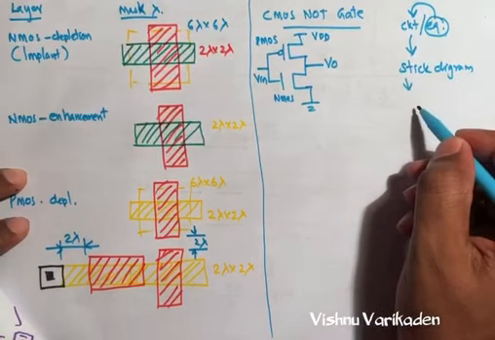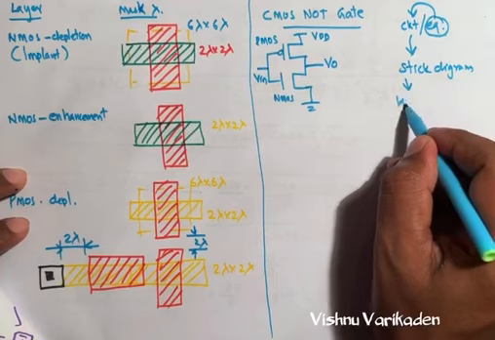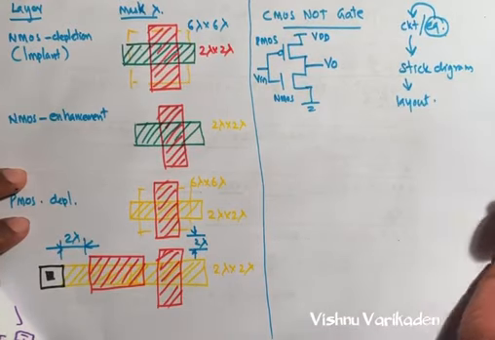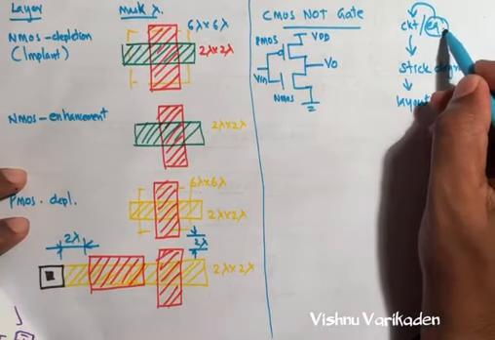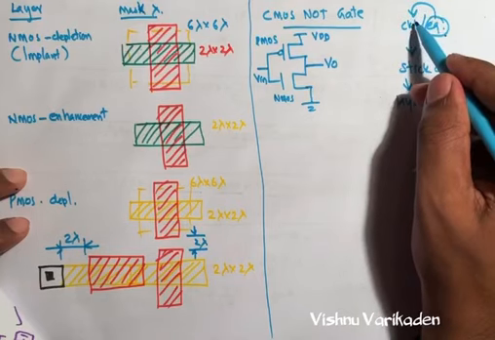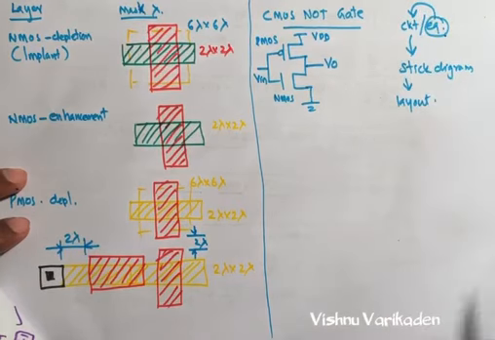So if you are getting an equation, first we will convert it into a circuit, then make the stick diagram and then make the layout.